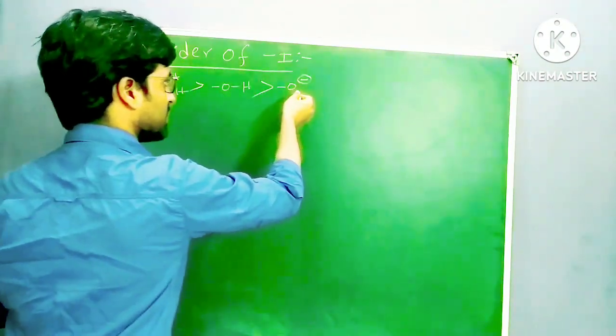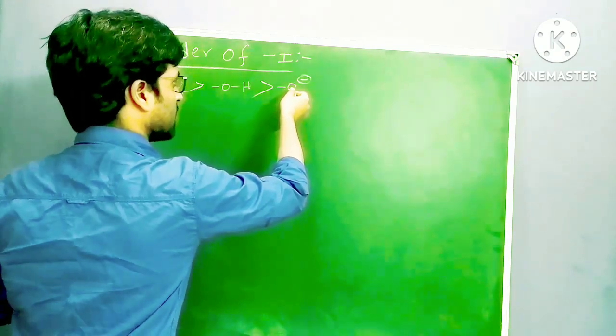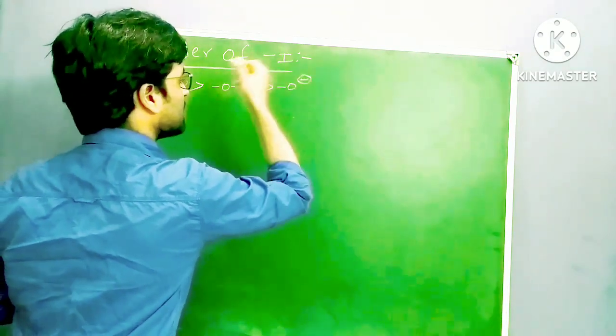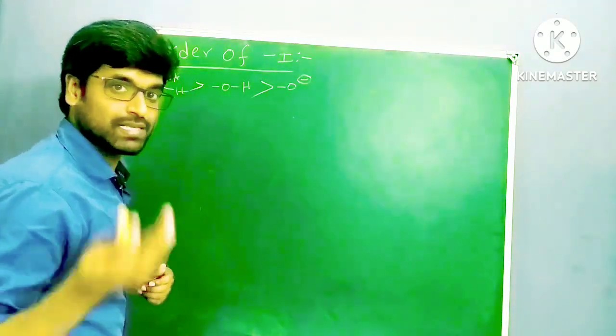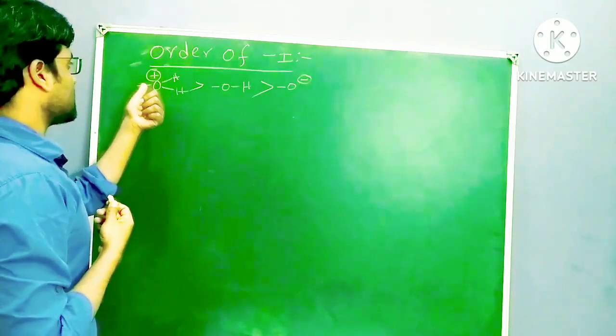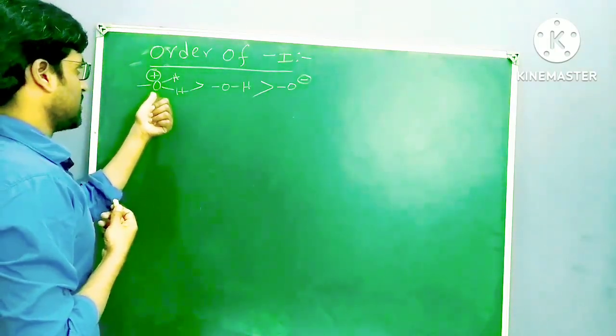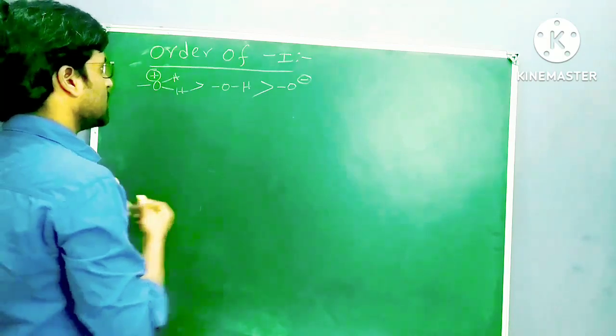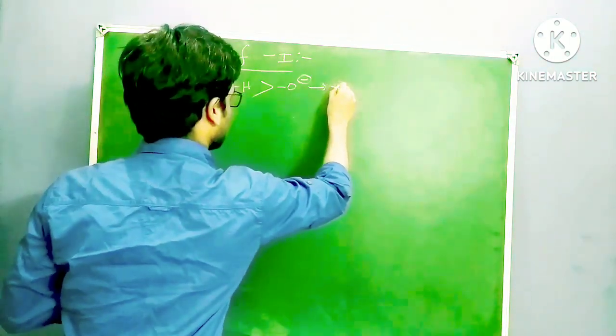So the atom which is having more negative charge will show plus I. The atom which is having more positive charge will show minus I. So this is the minus I trend.